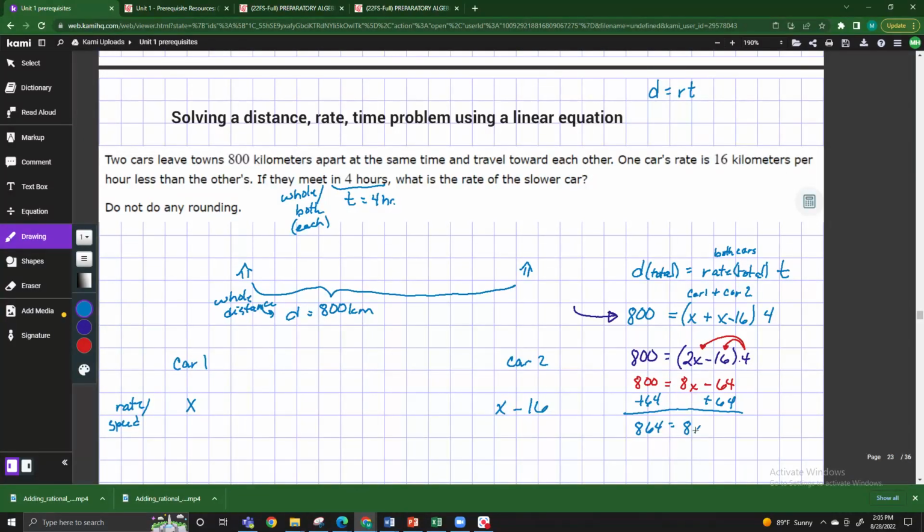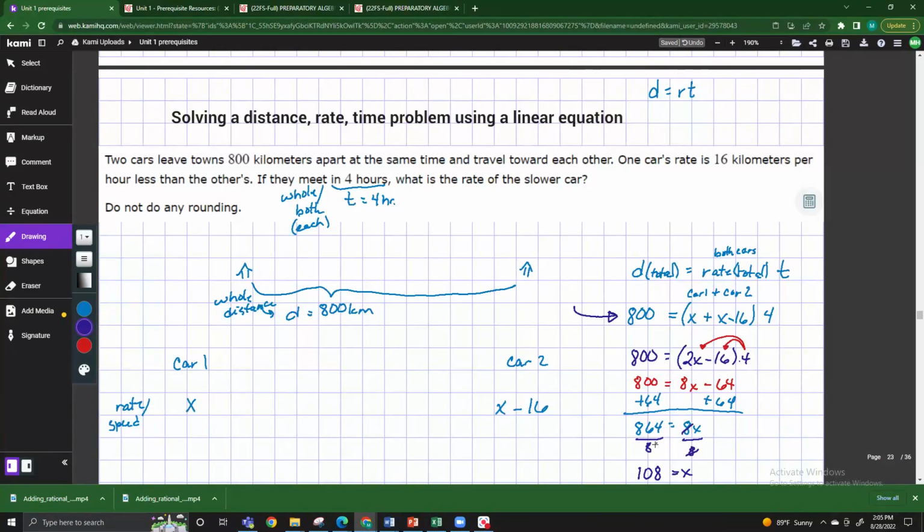Equals 8x, almost there, dividing both of them by 8. All right, so 8 goes into 800 one time, so this is 1. 8 goes into 64 8 times, so this is going to be 108 equals x.